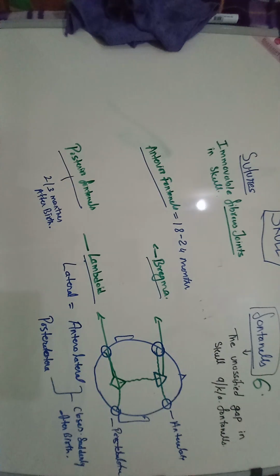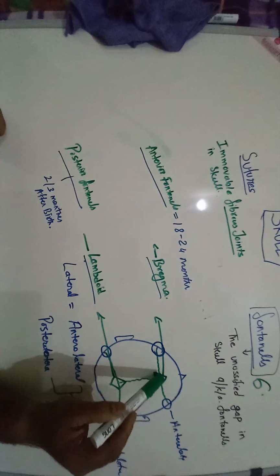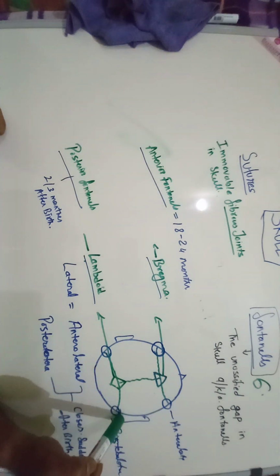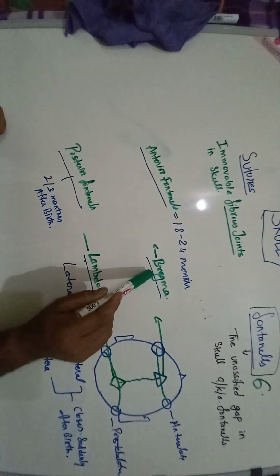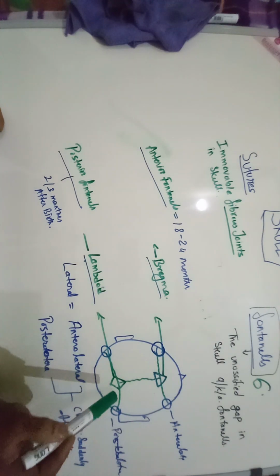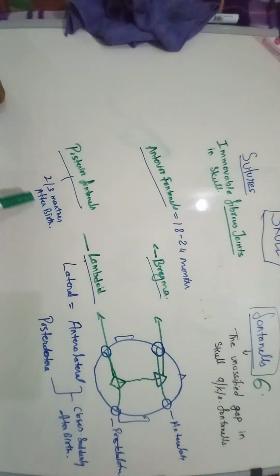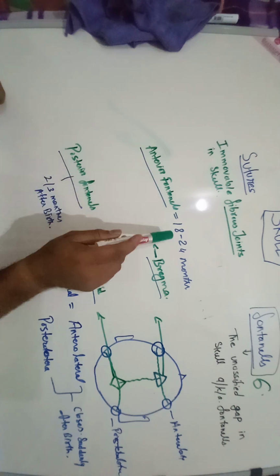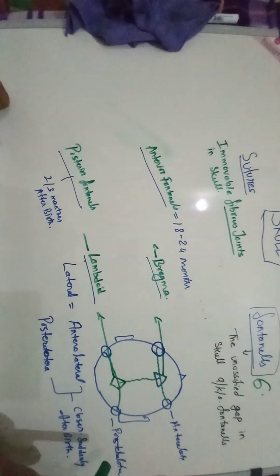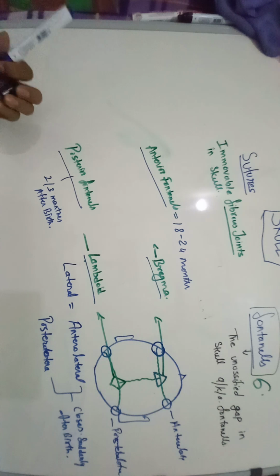Now understand, there are 3 types of fontanels: anterior, posterior and lateral. The anterior fontanel we call bregma, and this is lambdoid. Lambdoid is the posterior fontanel; it closes at 2 to 3 months, the anterior fontanel closes at 18 to 24 months, and the lateral closes suddenly after birth.